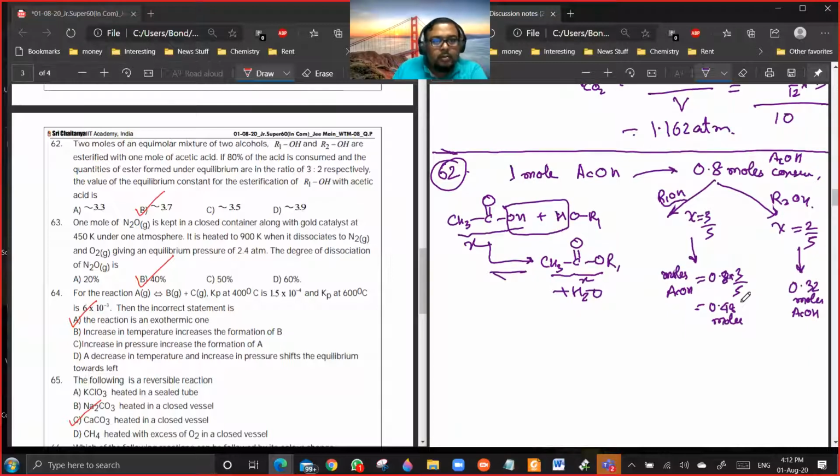Now, there is the equilibrium constant for esterification of R1OH with acetic acid.